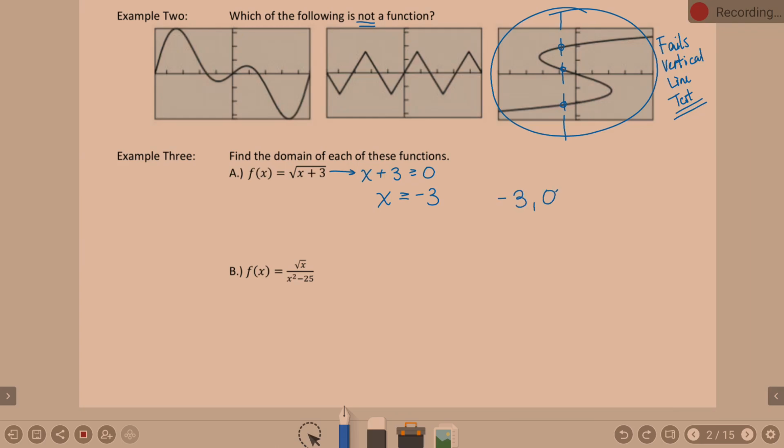Okay. So, greater than or equal to negative 3 is starting at negative 3, yes? And it's going to the right. Because it says equal to, we're going to do a bracket. Infinities always use parentheses.